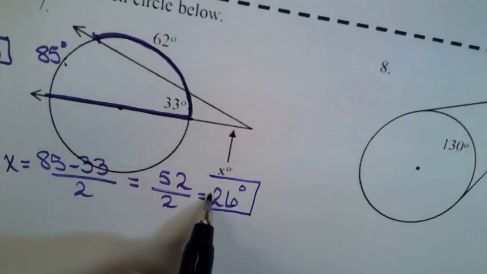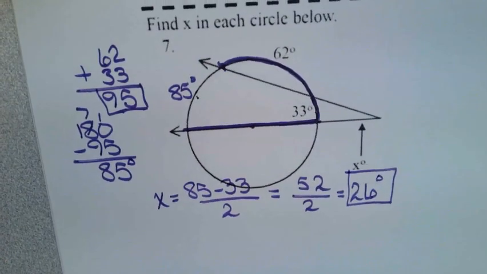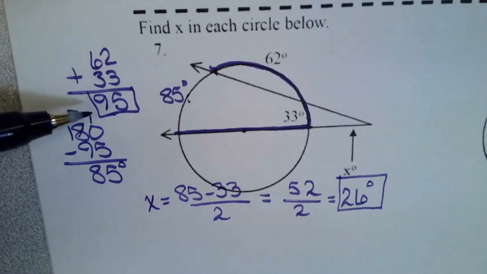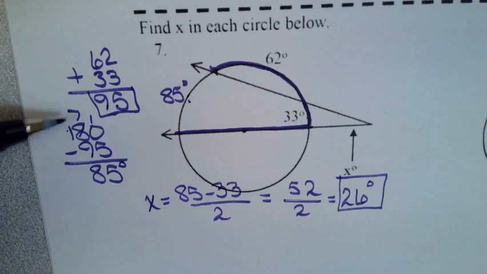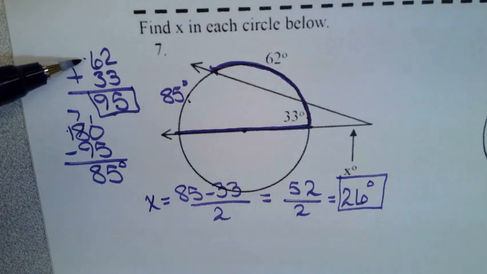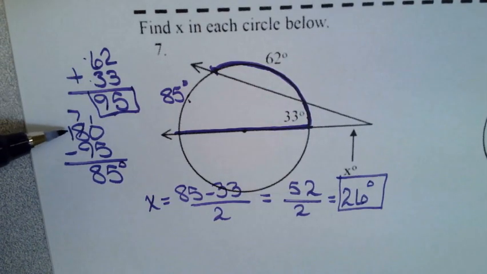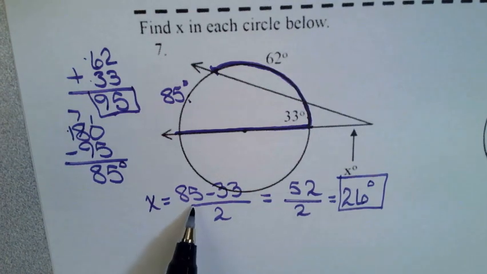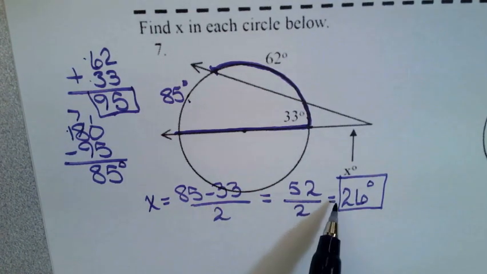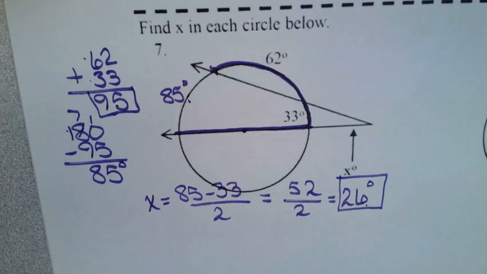And that's my final answer. In order to get full credit on this problem, I do need to see either you're taking 180 minus 62 and that answer minus 33, or you're adding these two together and subtracting from 180 so that you have the numbers that you need to plug into this equation. And then you box the answer.